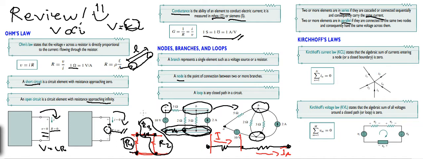What characteristic do they have, and also in opposite with the series. As a review, if there is no R1, let's erase this one.